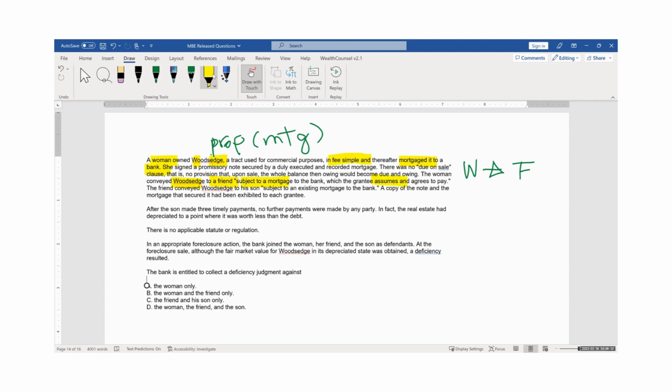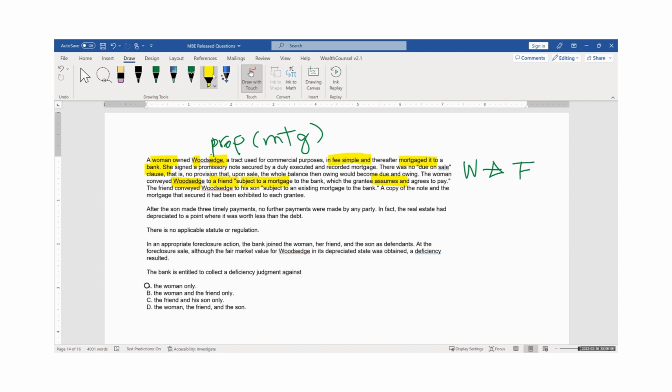Usually, you may be thinking that these are opposite terms. When you take the land subject to the mortgage, that means you are not responsible for paying the mortgage. When you take it and you assume the mortgage, it means that you are taking on the responsibility of paying for the mortgage.